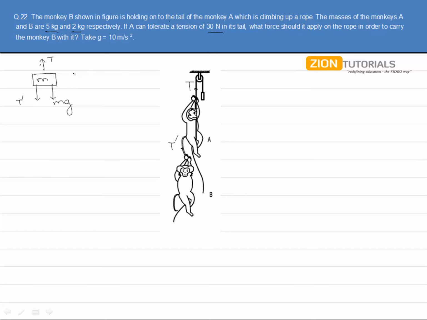So we can frame the equation: if we take the acceleration upward to be a, then mass into acceleration equals total upward minus total downward forces, and let us mark it as equation number 1.